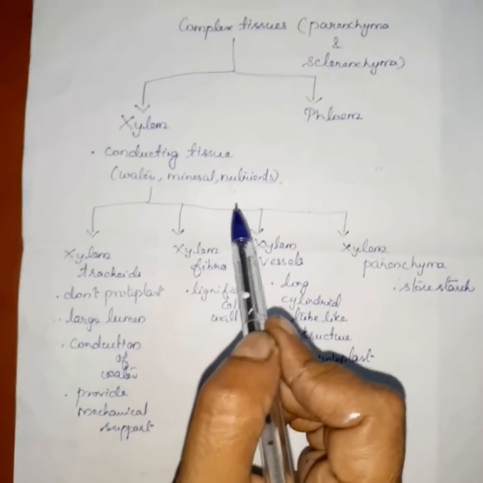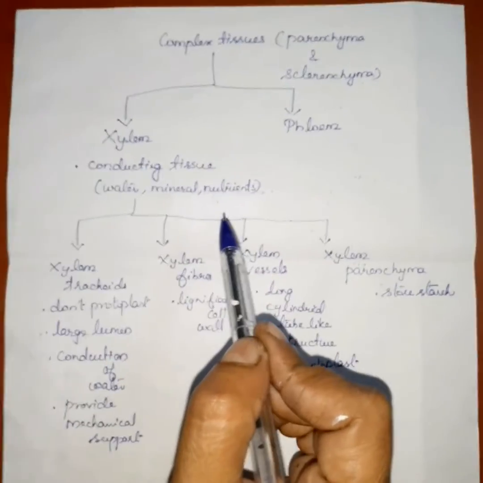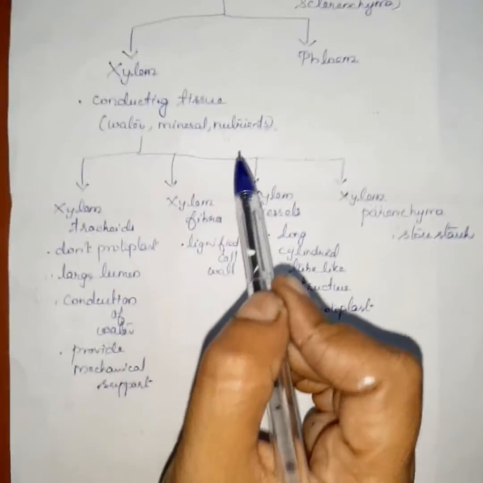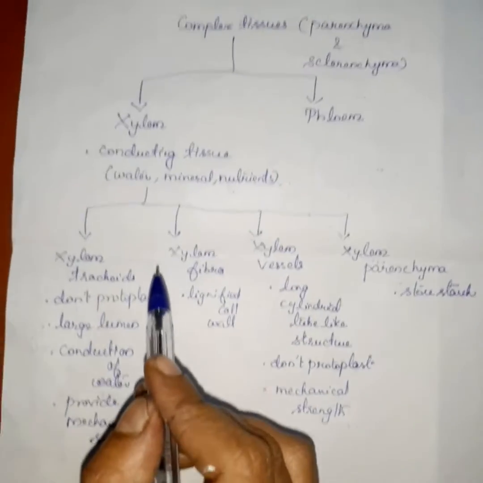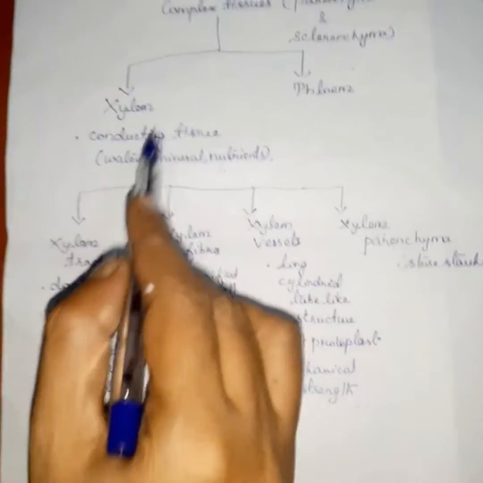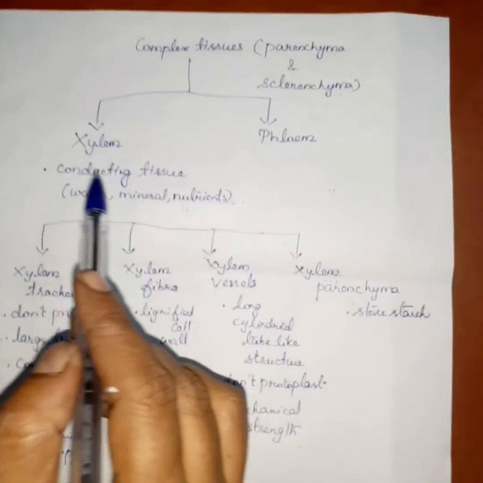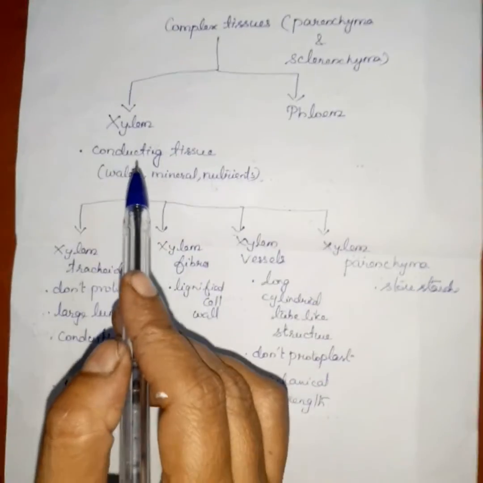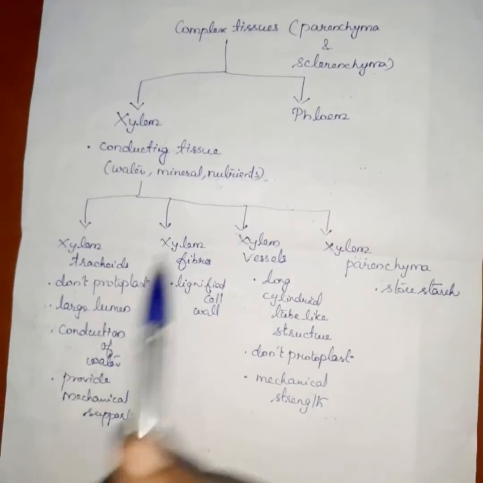It is very important. The xylem also gives mechanical support to the plant. The xylem is composed of four different kinds of cells.